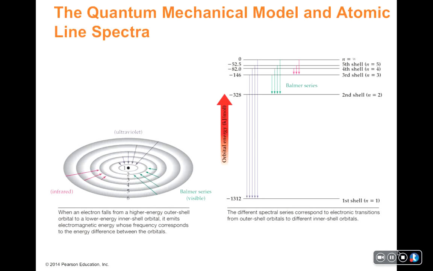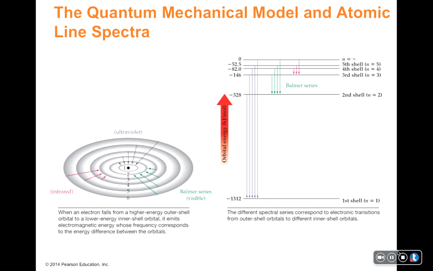This relates back to when we were talking about the line spectra and how we see different amounts of light. It was further discovered that you can actually, this is the equation I told you that you do not need to be able to do, but this describes how they were able to see different wavelengths of light. So what happens is the electrons get excited to different energy levels, and when they drop back down, they emit different wavelengths of light.